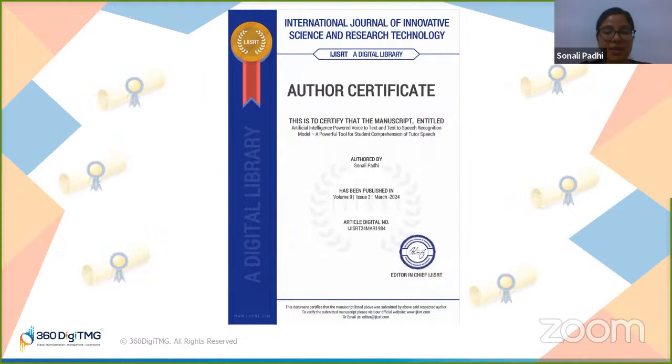It not only shows my interest in this particular field, but also shows the knowledge enhancement that I have done for this field. When it comes to a research paper, it is going to help me a lot in career advancement, especially in job opportunities, where you have to demonstrate your expertise and your dedication in such a competitive field. So yes, I would say that this has helped me immensely in my academic and personal growth as well.